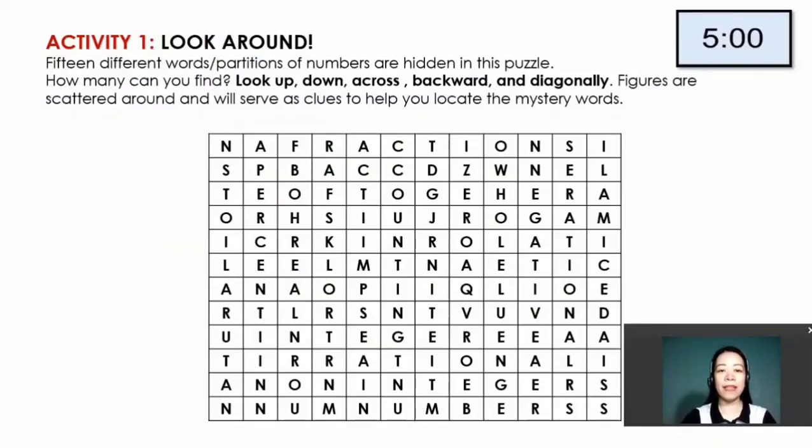Let's have an activity. Activity 1, look around. 15 different words or partitions of numbers are hidden in this puzzle. How many can you find? Look up, down, across, backward, and diagonally. Figures are scattered around and will serve as clues to help you locate the mystery words.